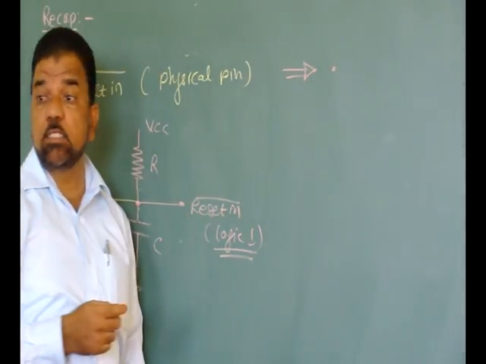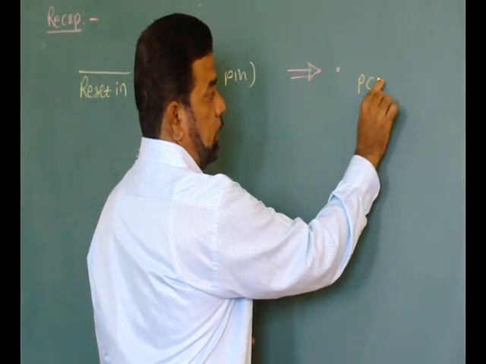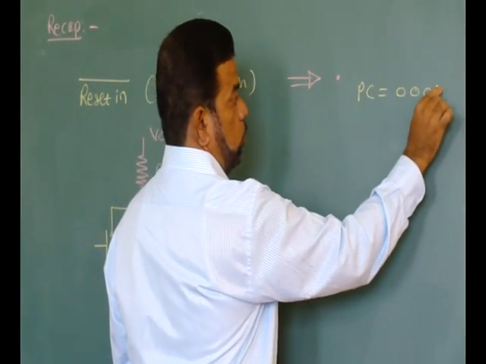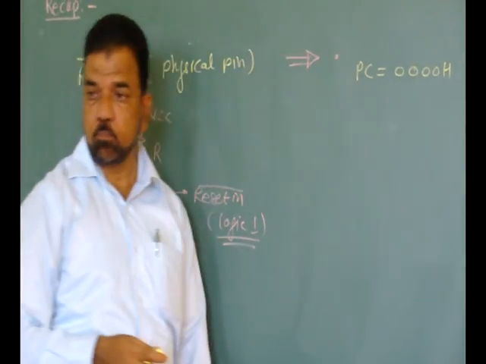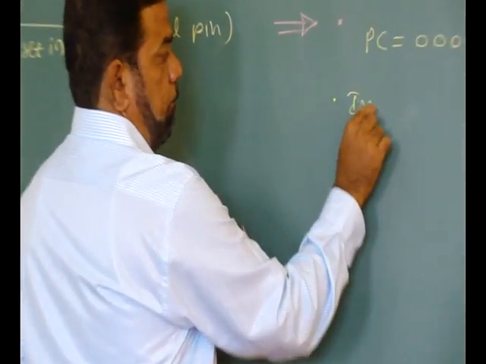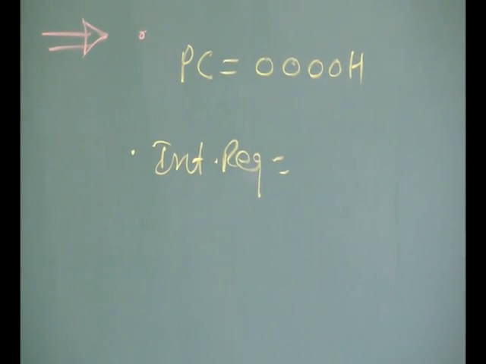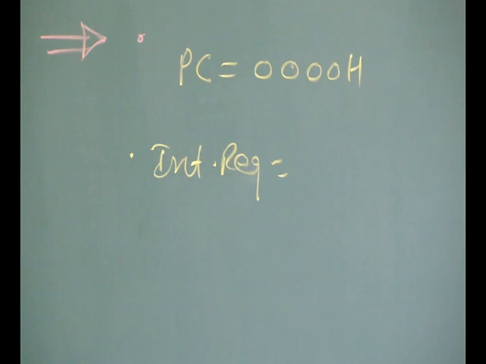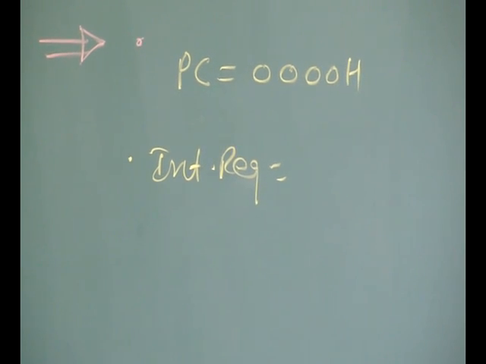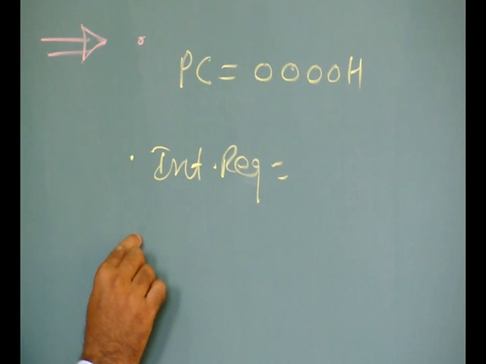What are the internal statuses? The immediate effect is that the PC contents become 0000. Now the different internal registers, all the general purpose registers: their status is arbitrary. They can take any value. Okay, so that is the next effect.